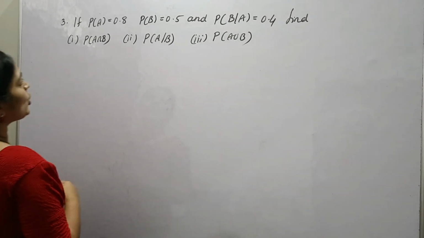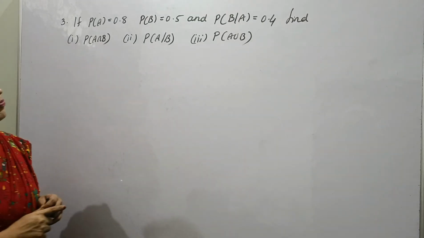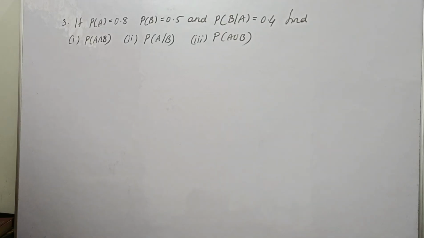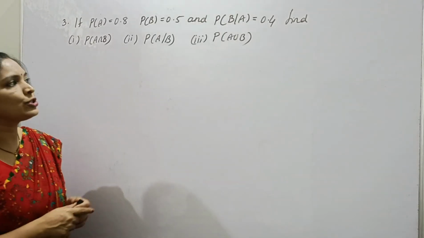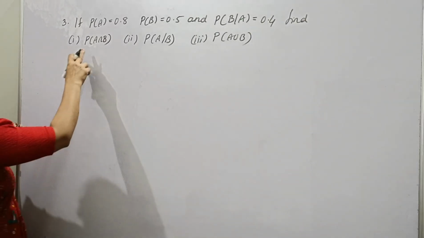Probability of A is equal to 0.8, probability of B is equal to 0.5 and probability of B given A is equal to 0.4. Find probability of A intersection B, probability of A given B, and probability of A union B. It's a very important question. Now let's find them one by one.